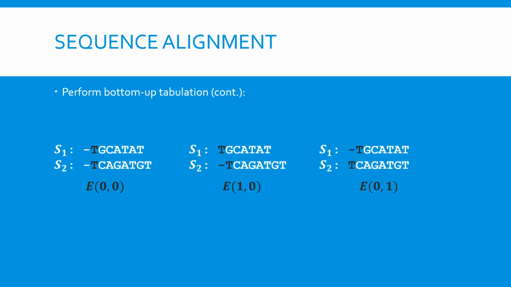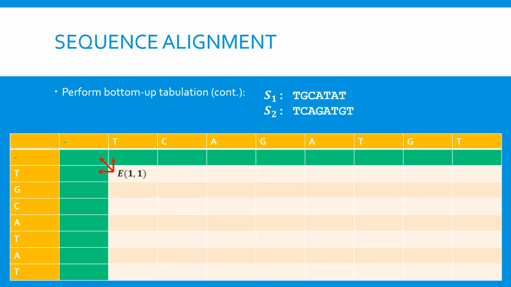We observe that all three alignments involve the use of gaps at the beginning of the sequences. According to definition of E, these alignments correspond to E(0,0), E(1,0), and E(0,1), respectively. In this case, we need to allow both parameters, i and j, to take the value of 0. This requires us to include an additional row and column in the DP table to store the results for when the parameters are 0.